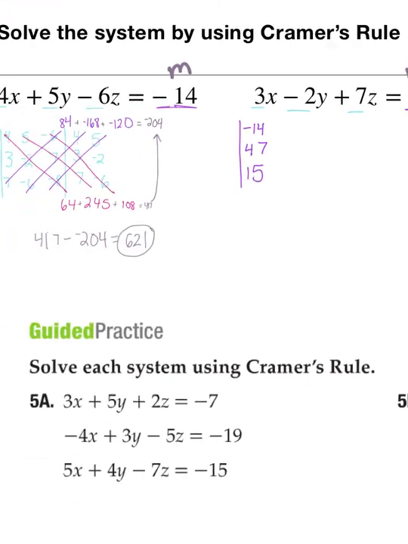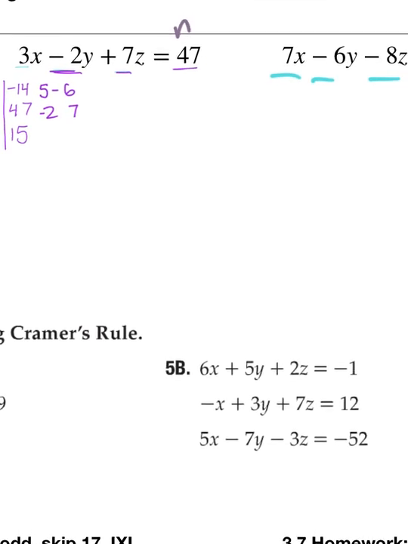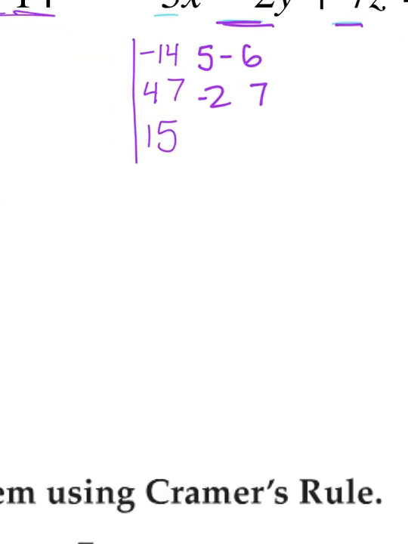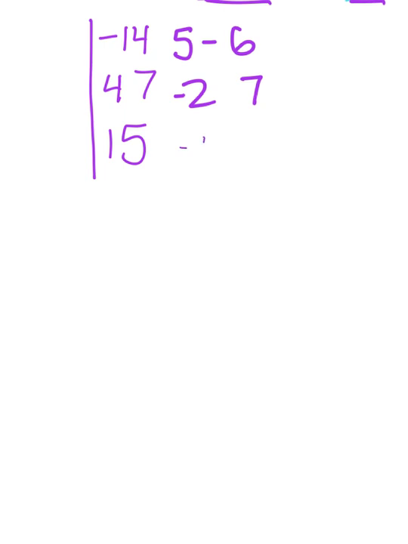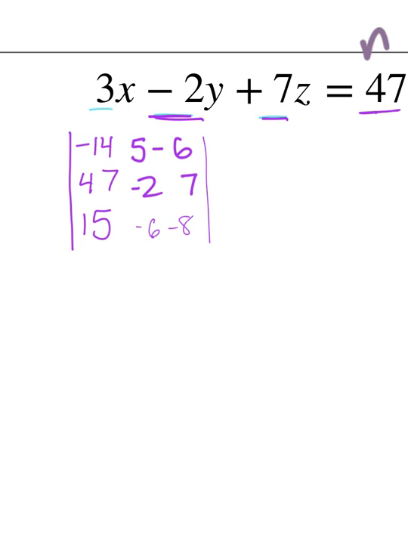And then the coefficient for 5 and negative 6 are going to go here, negative 2 and 7 are going here, and negative 6 and negative 8 go here. All right, so then after that, remember that you copy down the first two columns.